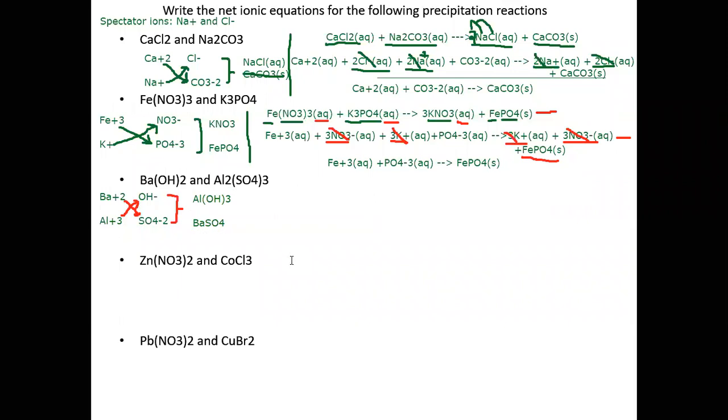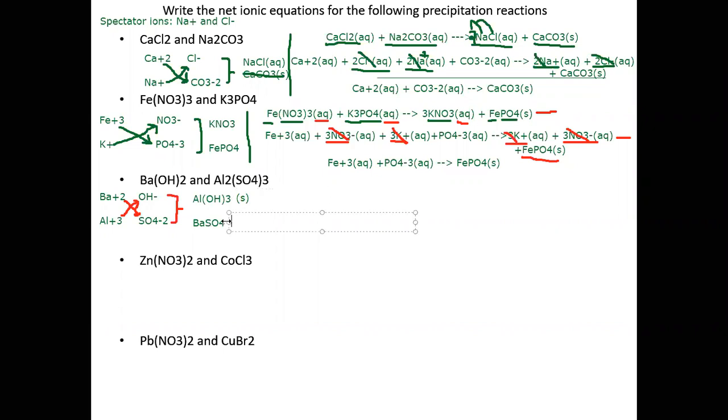So now we need to ask the question, are these soluble or insoluble? And for aluminum hydroxide, only the group 1, ammonium, and heavier group 2 cations starting with calcium are soluble. So aluminum hydroxide would be insoluble. Next, we have barium sulfate.